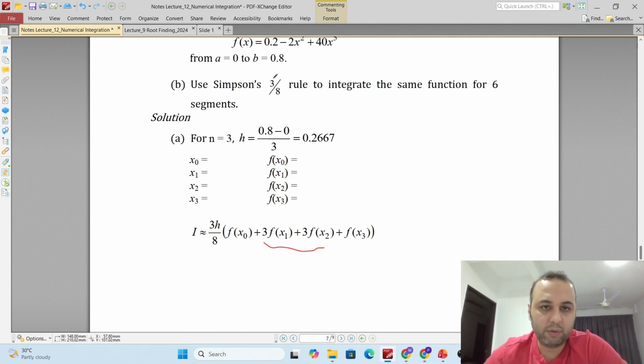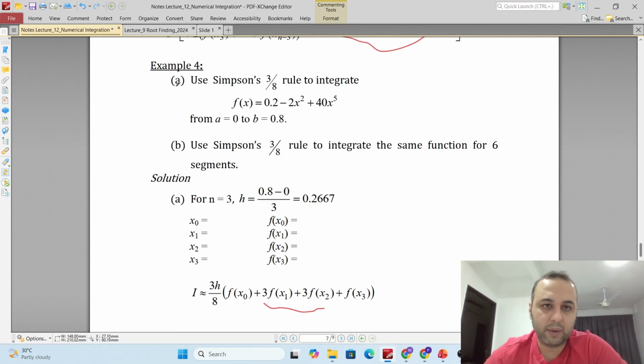Example number 4. First is A. Ask the normal 3/8.